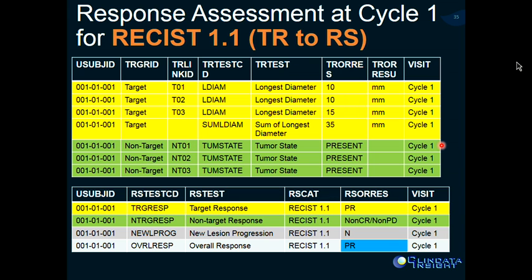So there's no difference. Nothing disappeared and nothing increased, so this can be stable disease. And we notice that there's no additional tumor detected, so it's going to be no. So using this information for target, non-target, and new lesions, the overall response for subject 001 at visit cycle 1 is going to be partial response.